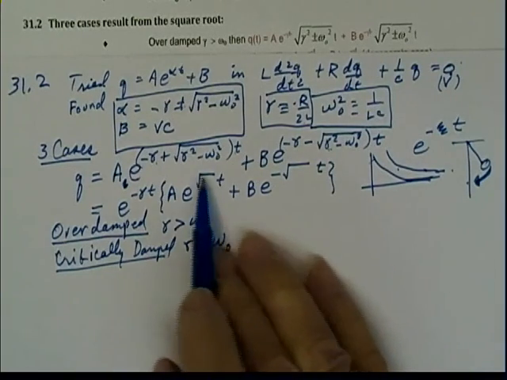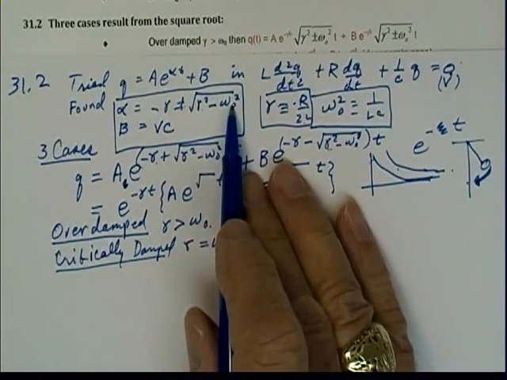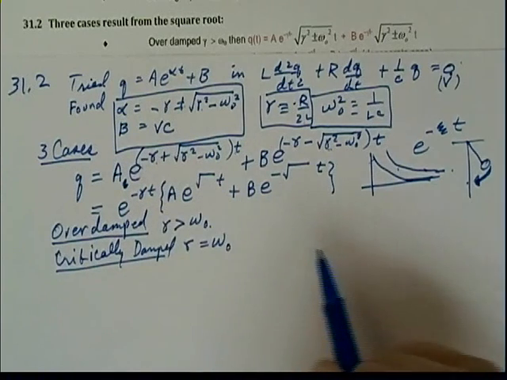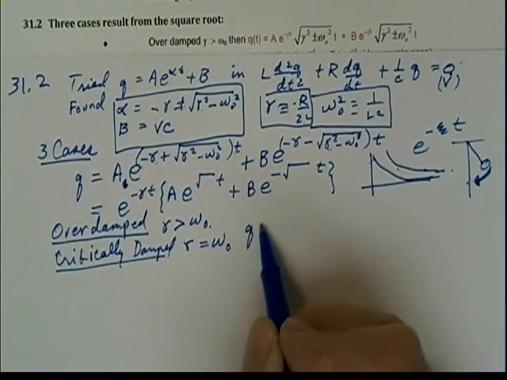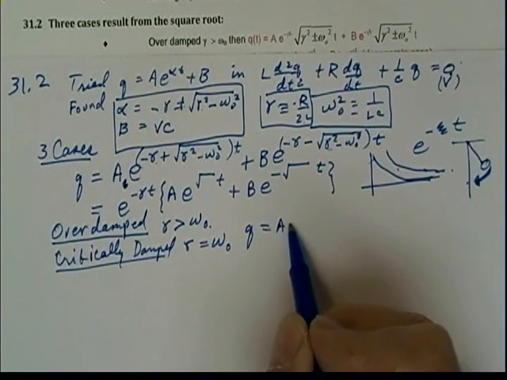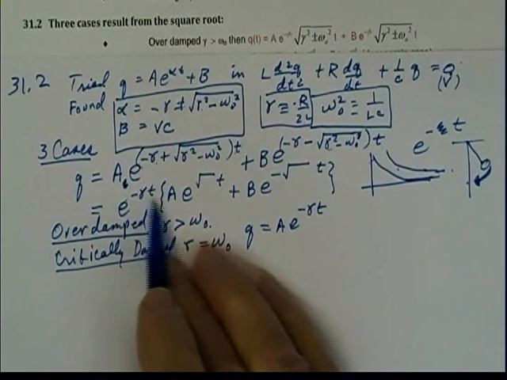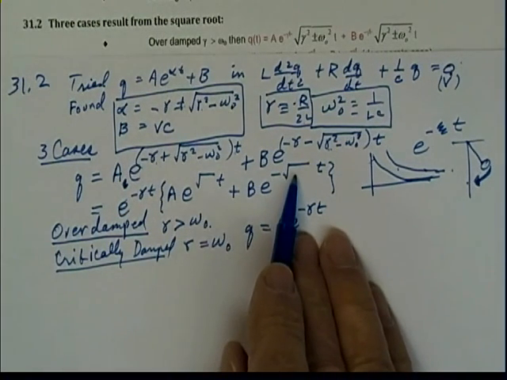And in that particular case, you'll notice that this term, gamma squared minus omega naught squared, vanishes altogether. So we end up with just an e to the minus gamma times t. So we have our solution Q is equal to a e to the minus gamma t. Just that. Because this is 0 right here, this is 0 right here.